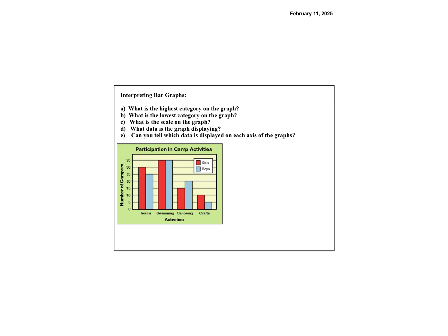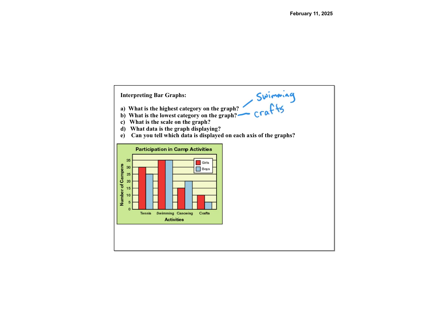So if we look at this bar graph here, which category is highest on the graph? According to this, it would be swimming for both boys and girls. So swimming would be our answer here. Lowest category, crafts, seems to be what people wanted to do the least.